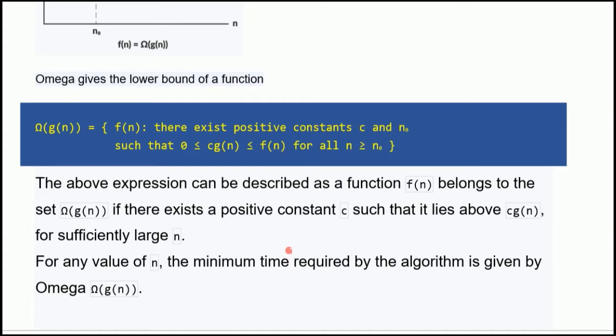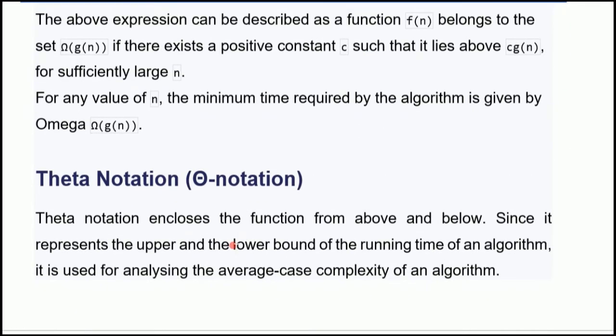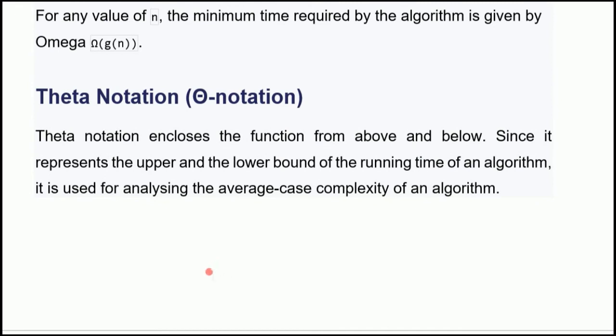That means for a sufficiently large value of n, it lies above c g(n). For any value of n, the minimum time required by the algorithm is given by omega g(n). In big O notation we say maximum time required, and here the minimum time required by the algorithm is given by omega g(n).